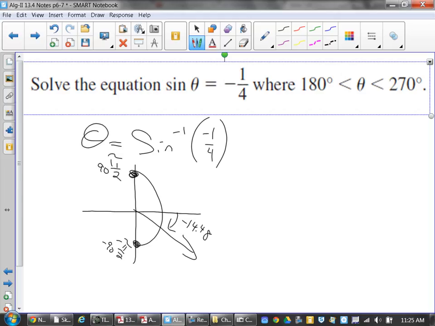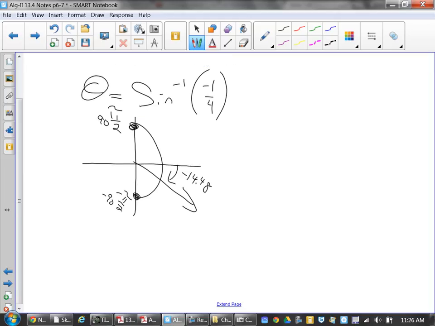It's asking you to place this angle into which quadrant? The third. It's asking you to place this into the third quadrant because aren't your sine values in the third quadrant also negative? Yes.